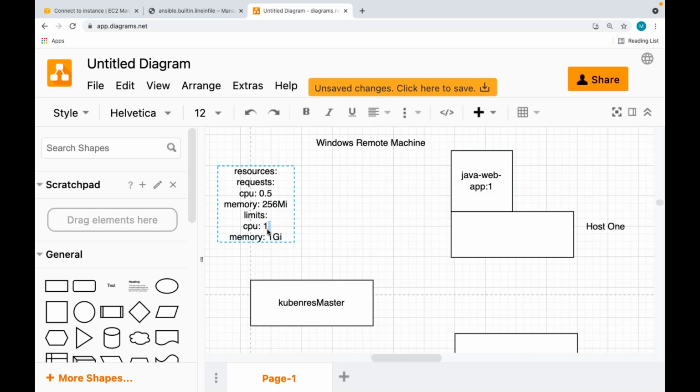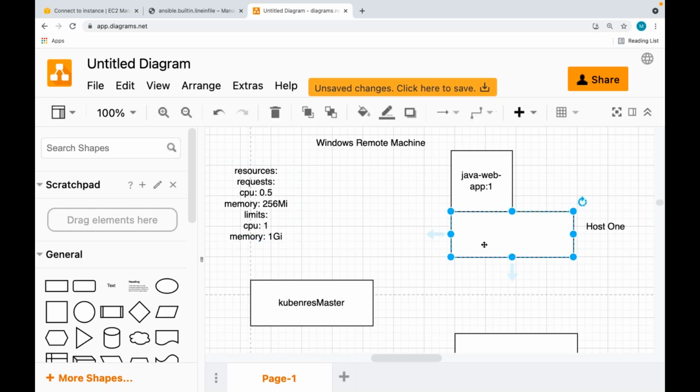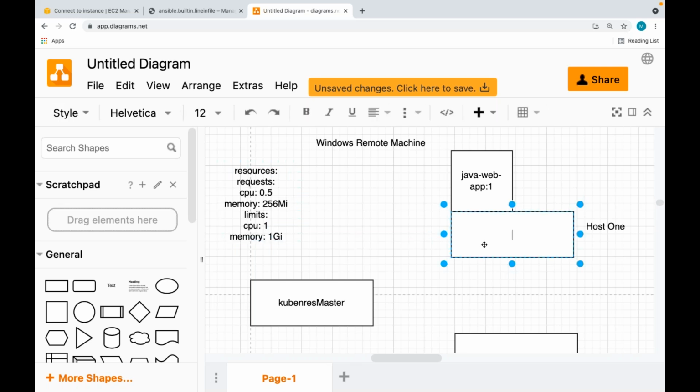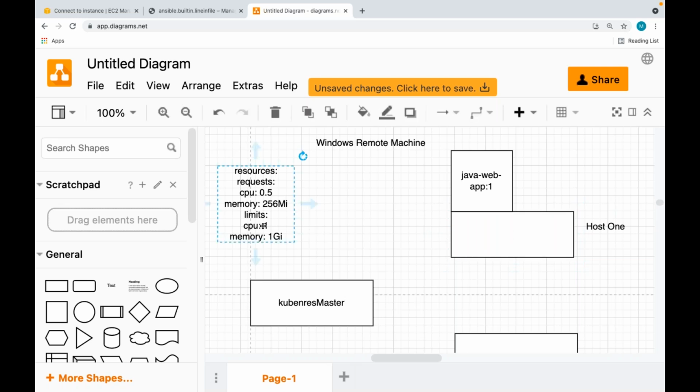Even though the node has available memory, is it going to go beyond these limits? Whenever there is a load, will it go beyond this?